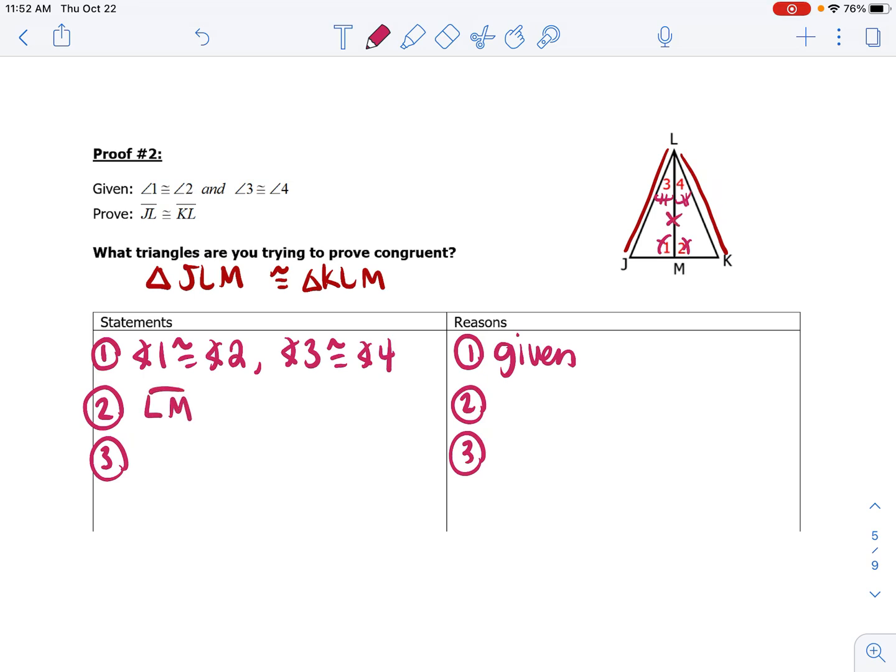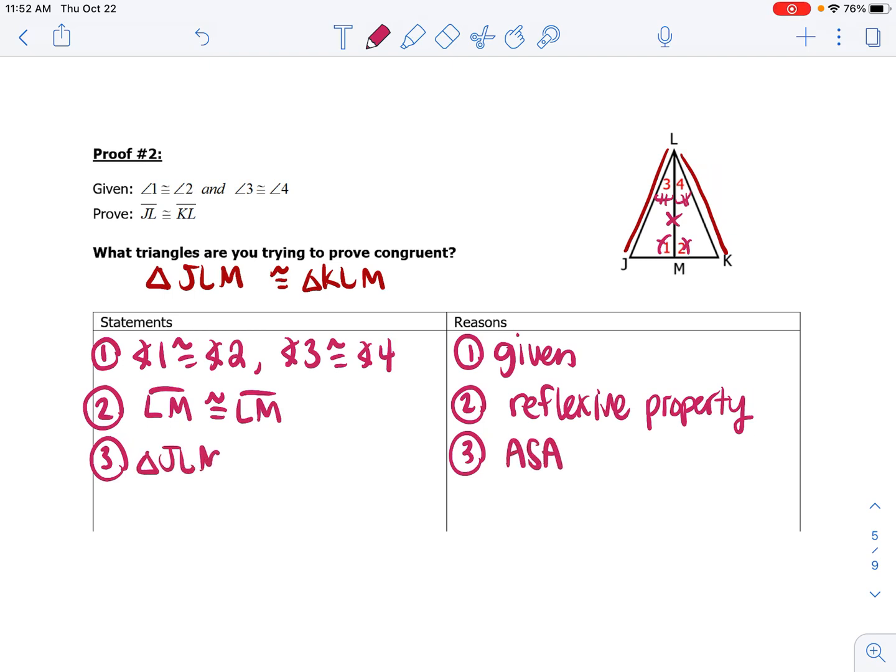We got LM congruent to LM through the reflexive property. Okay. Now we have angle, side, angle to prove that these triangles are congruent.